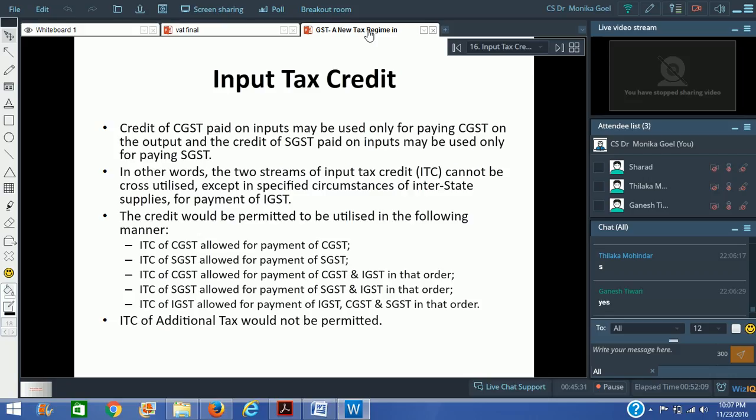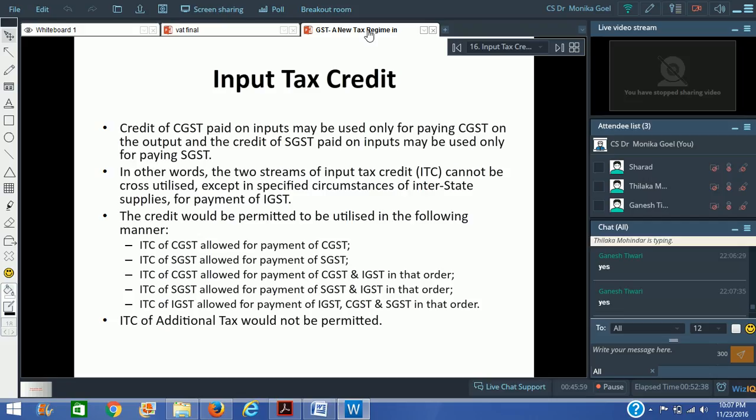Now, coming to the third situation, when I have to pay IGST. Now, when I have to pay IGST, in that situation, I can utilize my input tax credit of CGST. I can utilize my input tax credit of SGST also for the purpose of payment of IGST. This is clear?